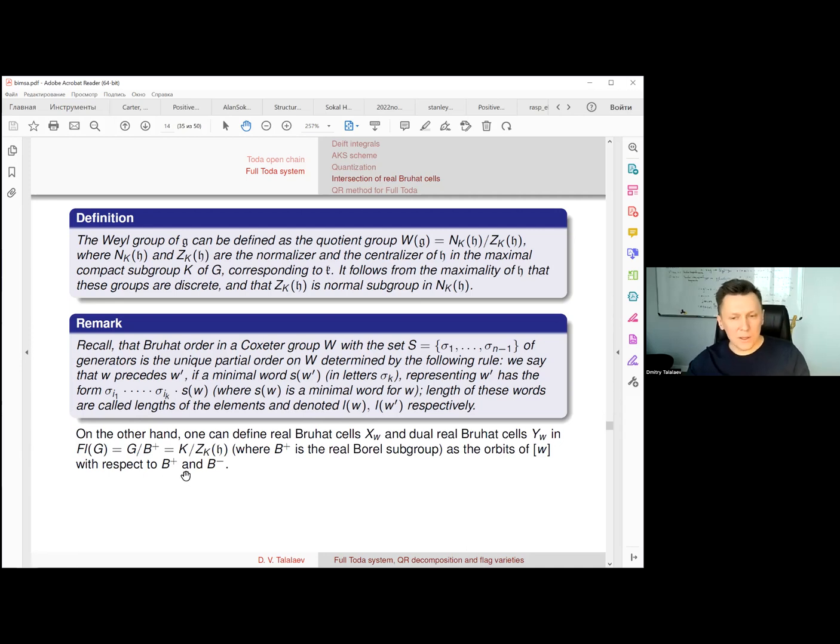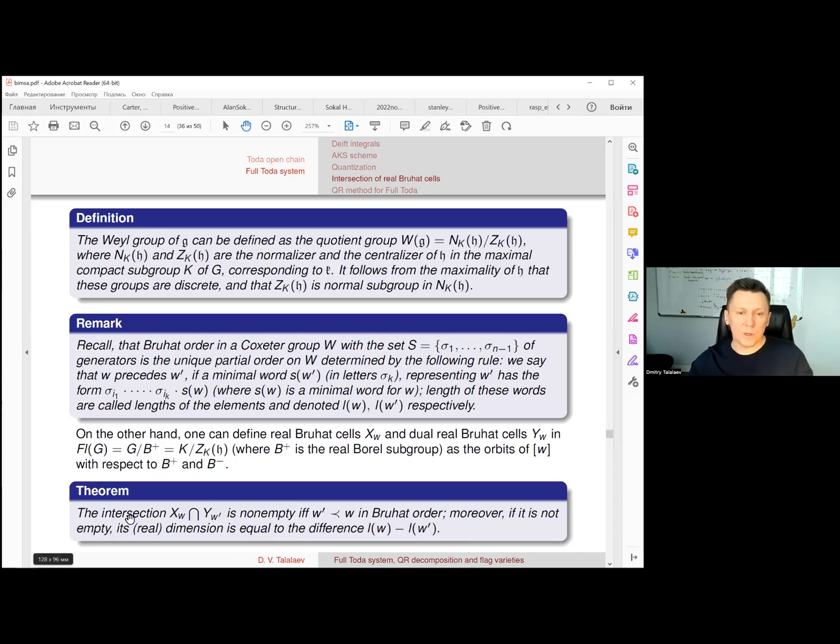Okay, we can now define the Bruhat cells and dual Bruhat cells related to each element of the Weyl group of the Lie algebra G. So they are orbits of elements of the Weyl group in the flag variety with respect to the action of B plus and B minus on this space.